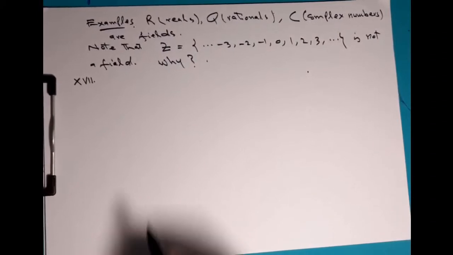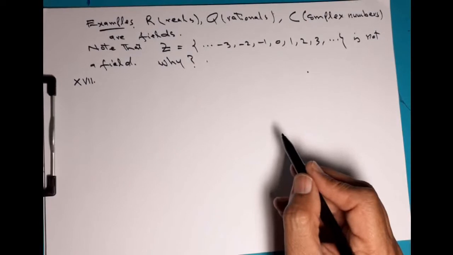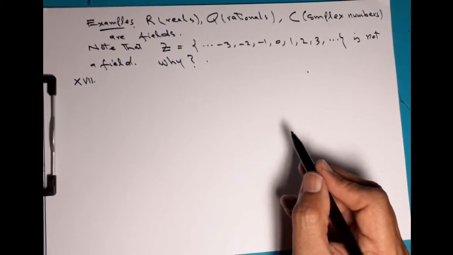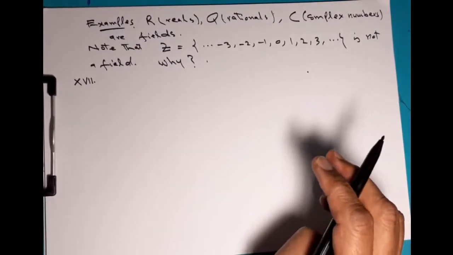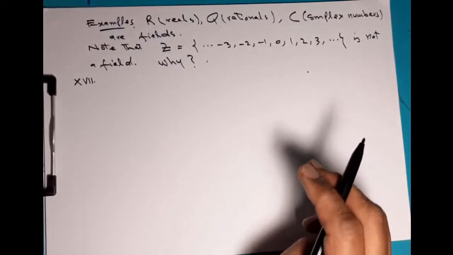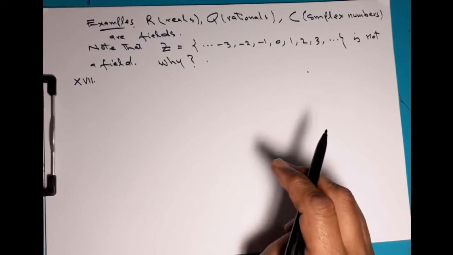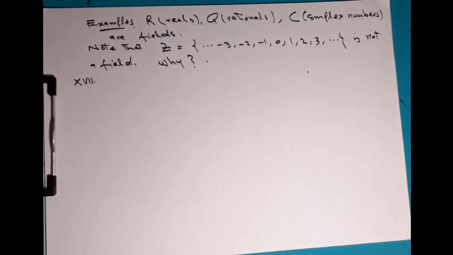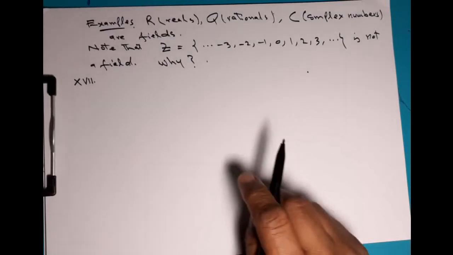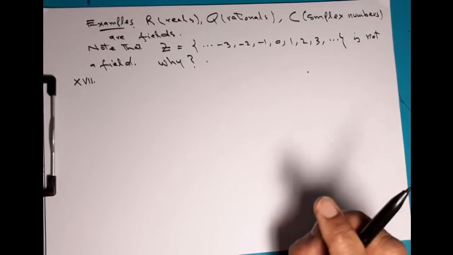So the set of integers is not a field. We have proved that a finite integral domain is a field. So let's see that a finite integral domain is a field.